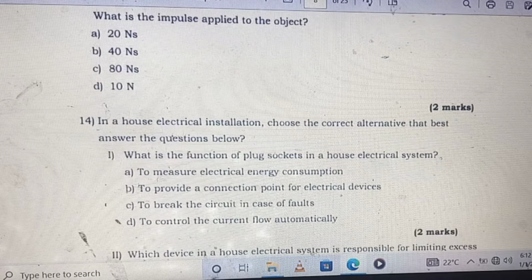Question 14. In a house electrical installation, choose the correct alternative that best answers the question below. I. What is the function of a plug socket in a house electrical system?